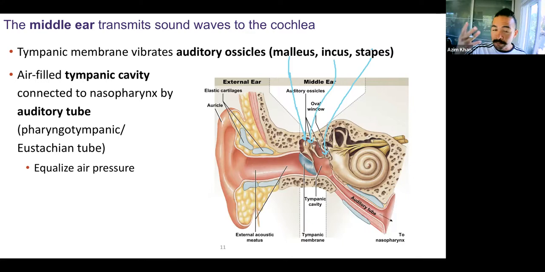So the tympanic membrane vibrates, the auditory ossicles vibrate in succession, and then they will vibrate something called the oval window, which we'll get to in a second. The oval window is this membrane on this organ called the cochlea. But that's in the inner ear. We'll get to that.